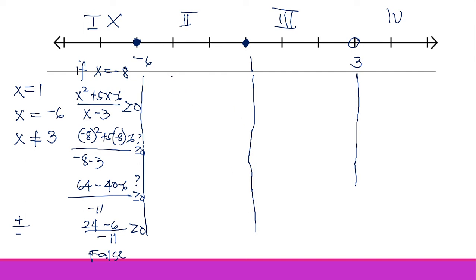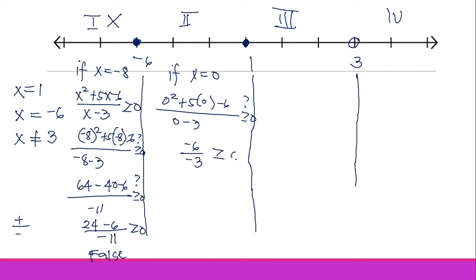Region 2 here, we can just pick x equal to 0 because that will be a lot easier. So we have 0 squared plus 5 times 0 minus 6 over 0 minus 3. Will that be greater than or equal to 0? 0 squared plus 5 times 0 is 0, so we have -6 over -3.